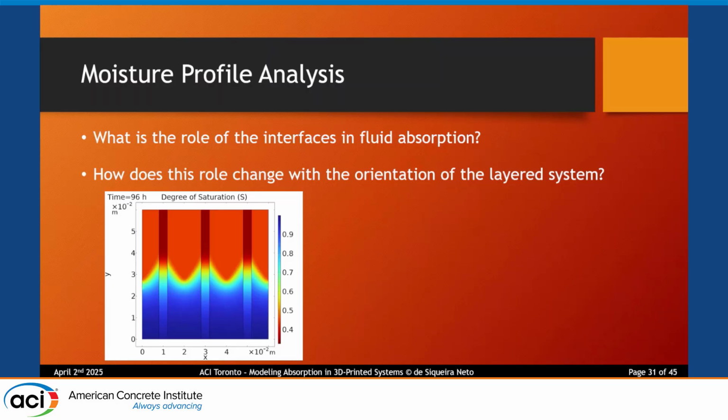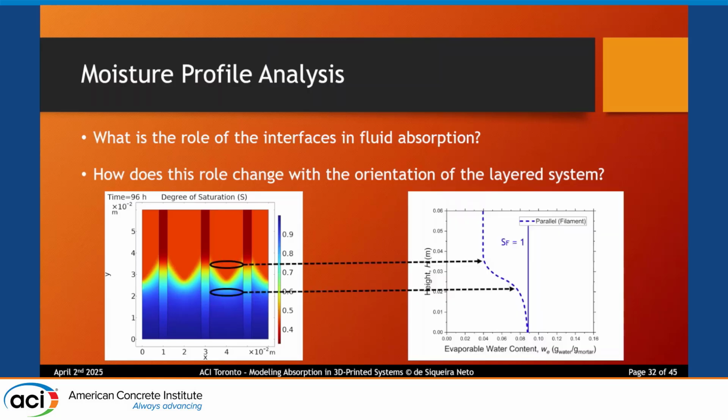And the second thing is that we're going to go from a relative measure of fluid absorption, which is the degree of saturation, to an absolute measure of absorption, which is the amount of fluid that we have, the mass of fluid that we have inside the pores, so that these results can be directly comparable to experimental results where it's not trivial to obtain the saturation to separate the interface and the filament layers.